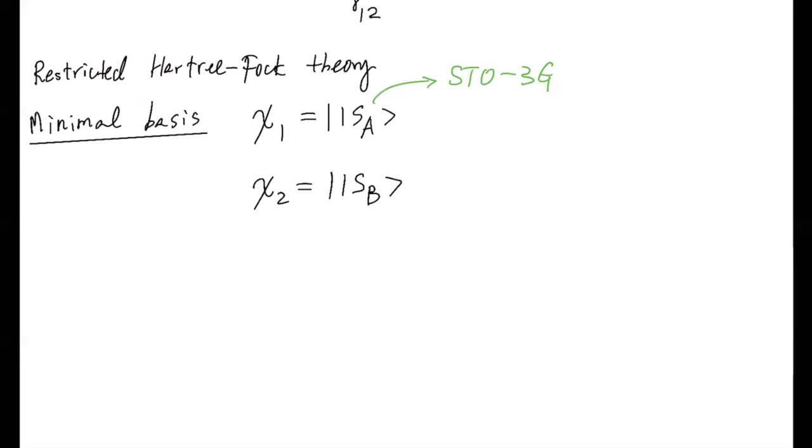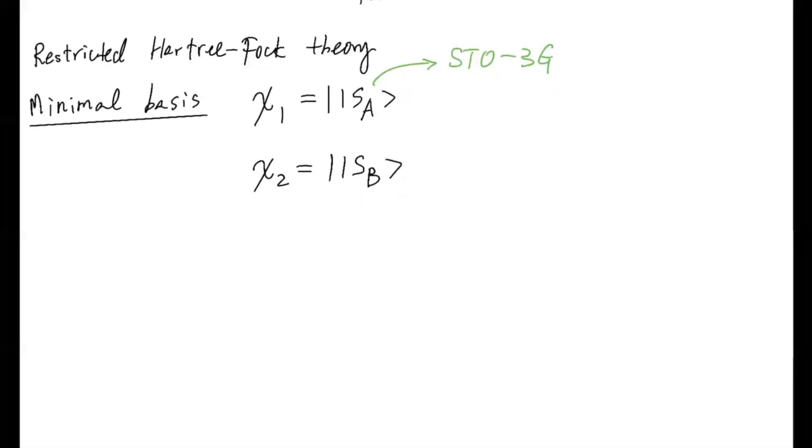The advantage is that when you do the molecular integrals, Gaussian functions are easier to work with than the Slater-type orbital. So essentially, in STO-3G, we are using 3 Gaussian functions to approximate the Slater-type orbital.